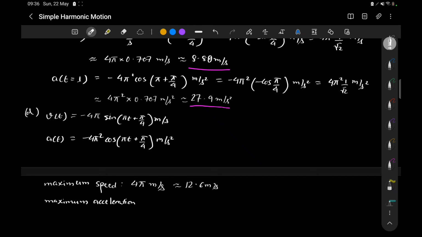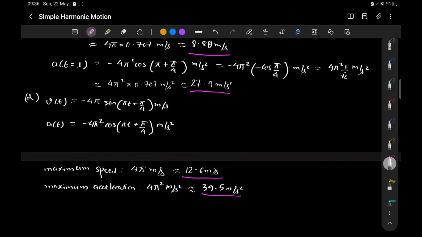Just the sign would be different in both cases, but the magnitude would be 4 pi squared meters per second squared. And this comes out to be roughly 39.5 meters per second squared. This is maximum speed and maximum acceleration.